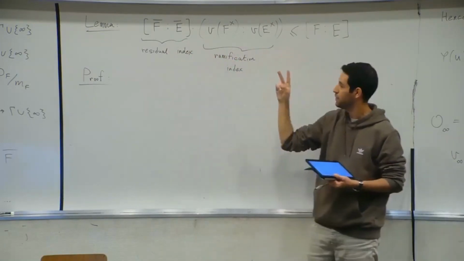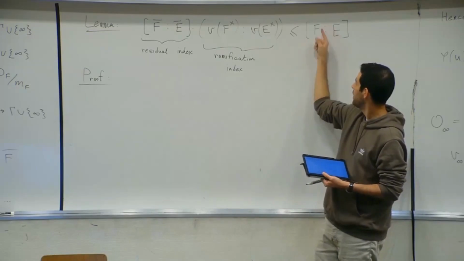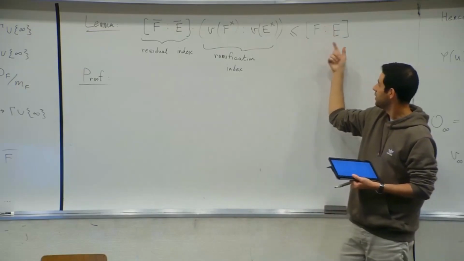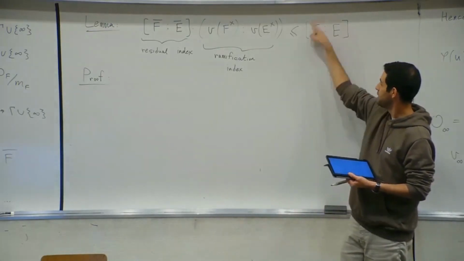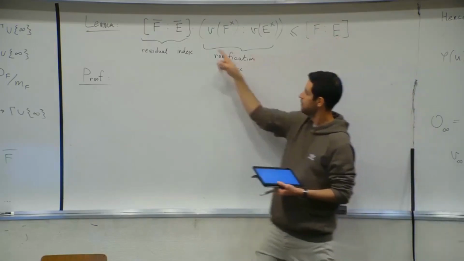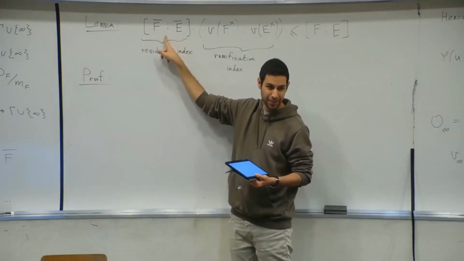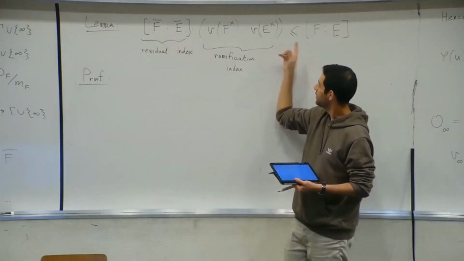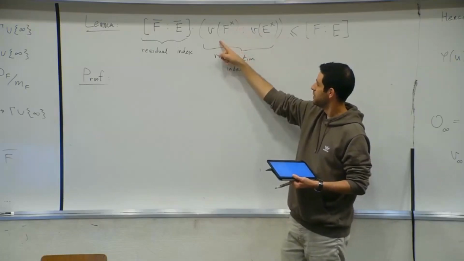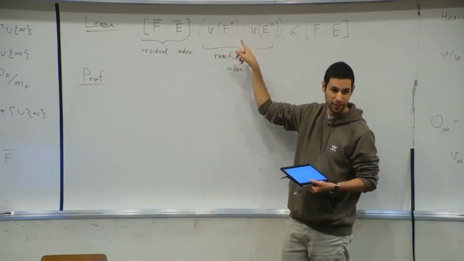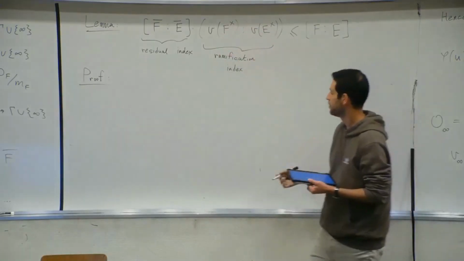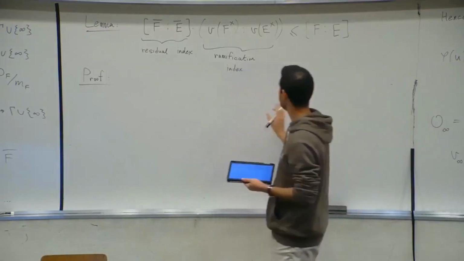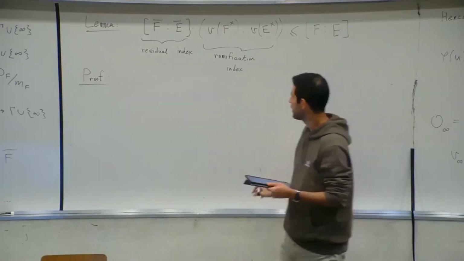So we use it twice today. One time we knew that this was some finite number, and we deduced that this was some finite number, and another time we used it to conclude that this is finite. Okay, so how can we prove it?